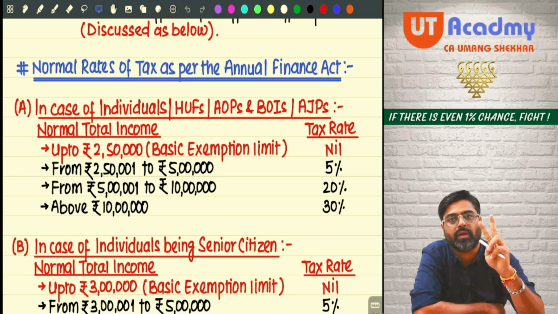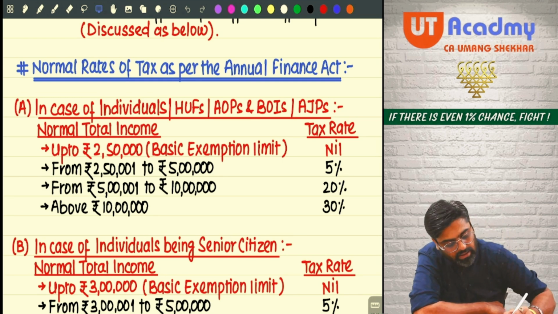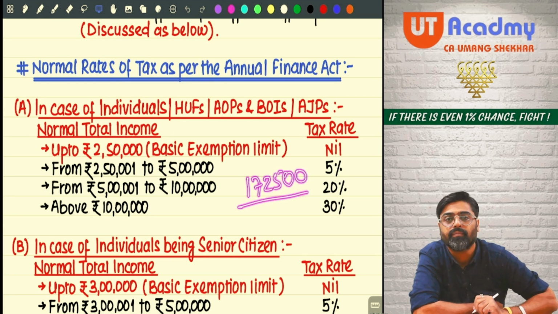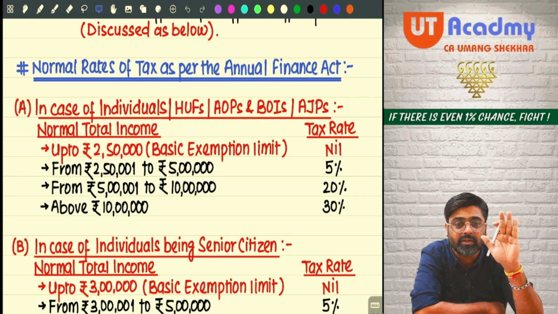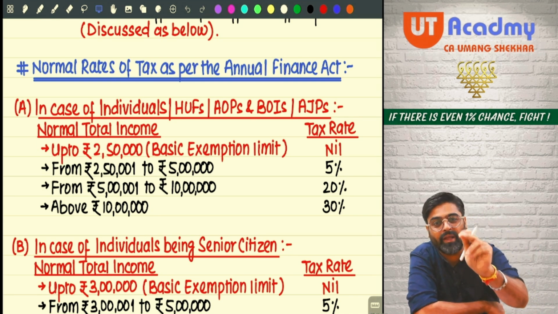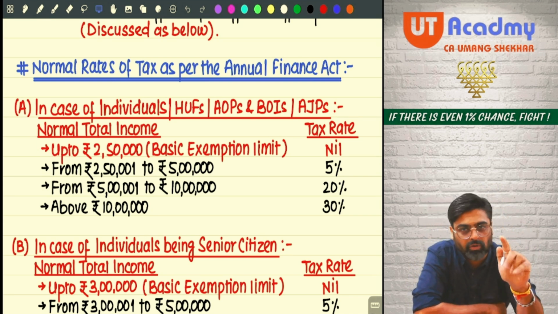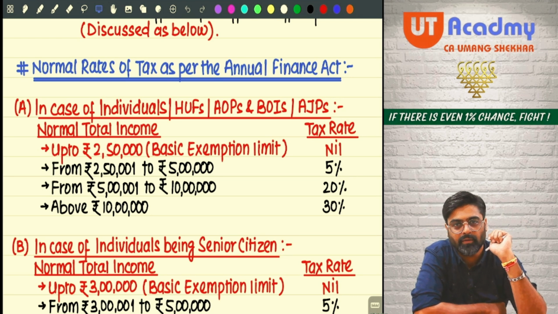So 12,500 plus 1 lakh plus 60,000. Are you getting this amount? 1,72,500. This is the normal tax which you are supposed to pay on your normal total income of 12 lakh rupees. But this is applicable only if you are an individual, HUF, AOP/BOI or AJP.